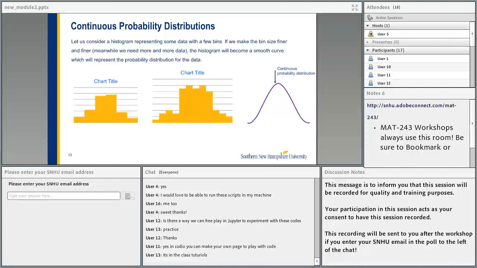Imagine going on reducing the width of your histogram, such that the bars are so close to each other that it's almost like having just a line. When I join all of these, I get a smooth curve, which looks like a normal curve. This kind of graph is called a continuous probability distribution.